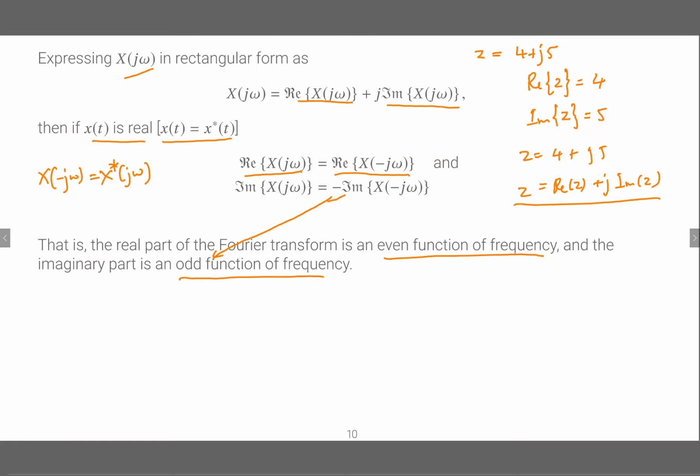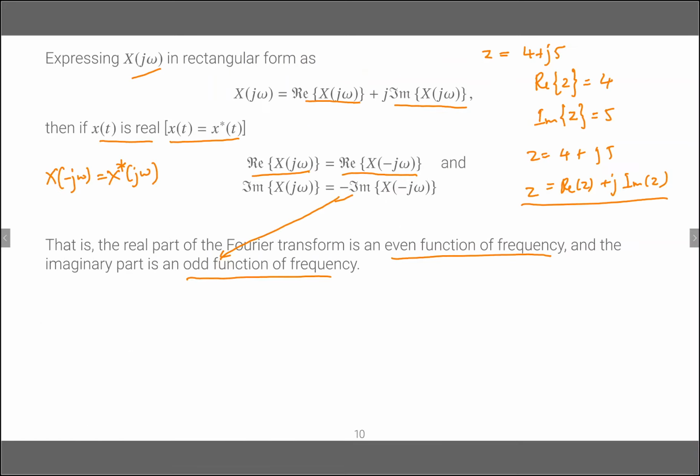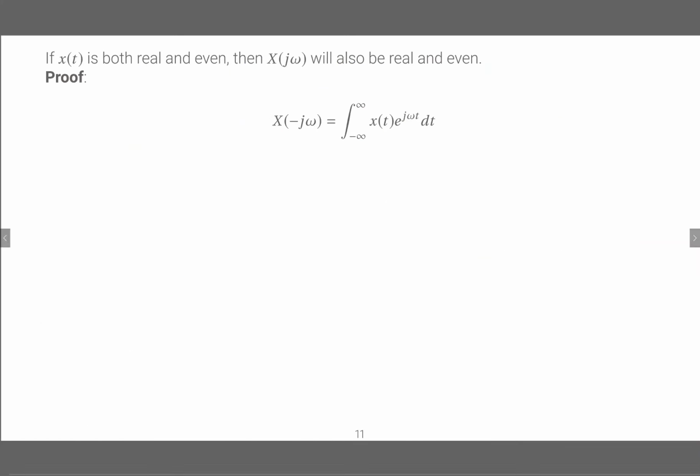Let's write that in the same form as we did here: x minus j omega is x star j omega. For an even signal, we have this relationship. So x minus j omega.